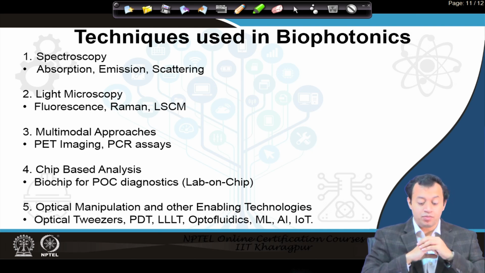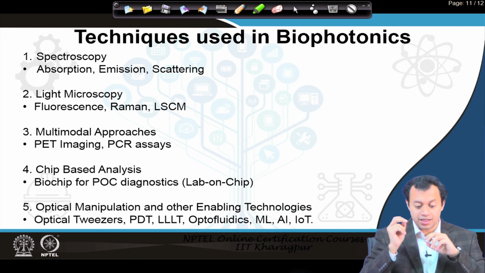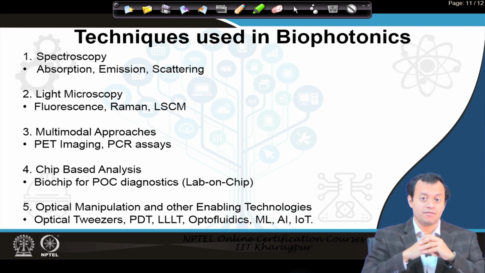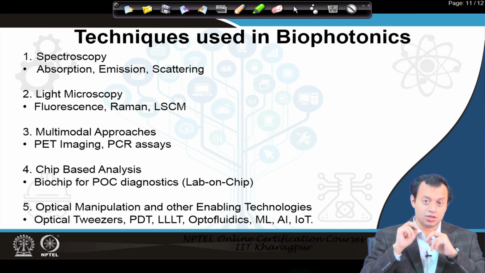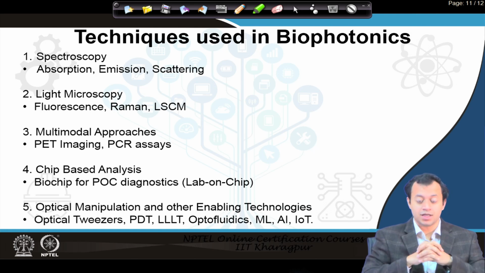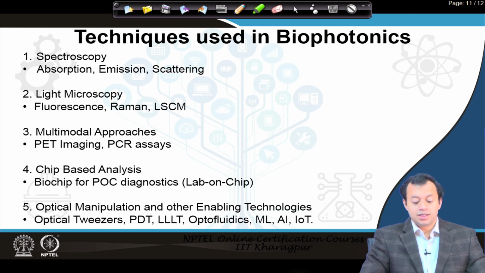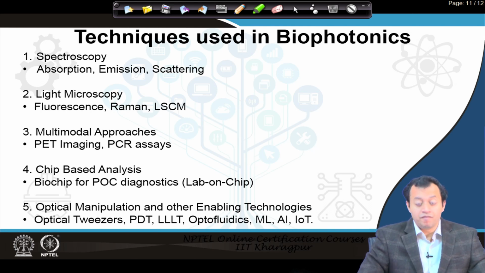We have optofluidics, where we utilize light to manipulate the flow of certain body fluids. Say, for example, we use laser light to manipulate the flow of blood in certain arteries. And these days we are seeing more and more utilization of machine learning, artificial intelligence, and Internet of Things.